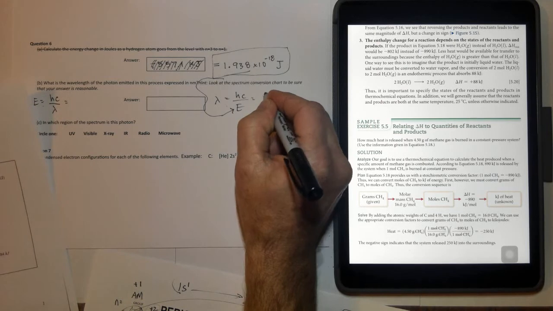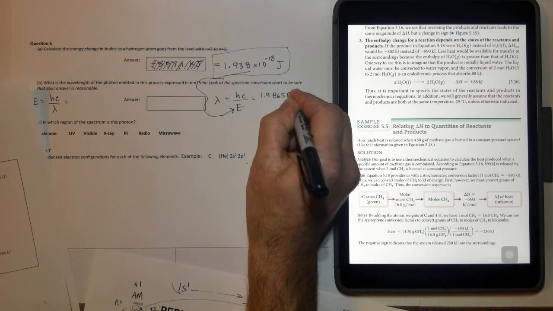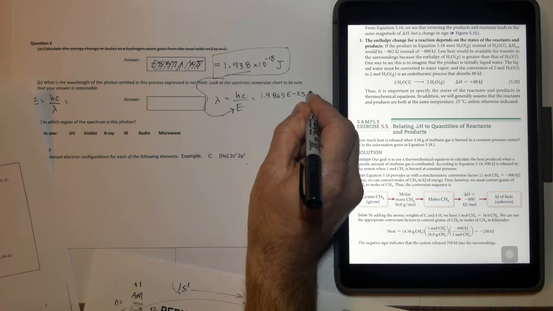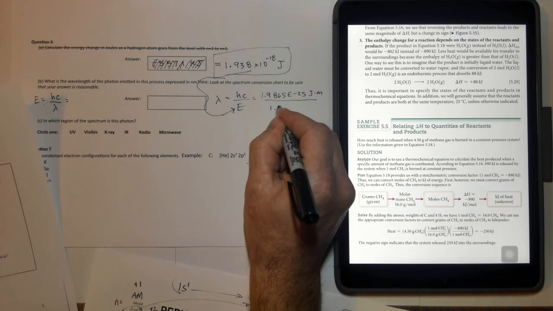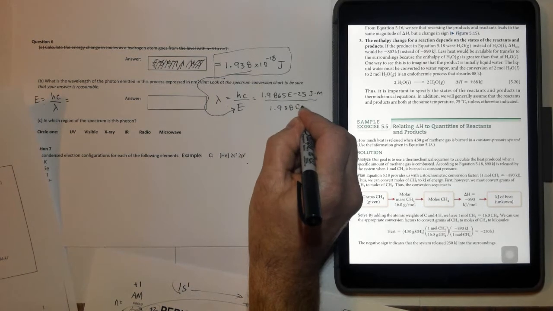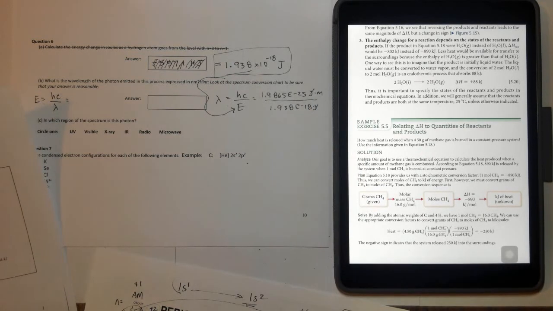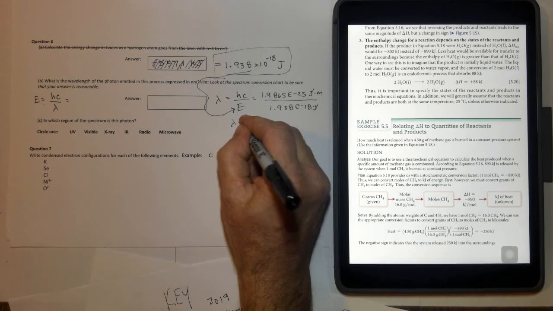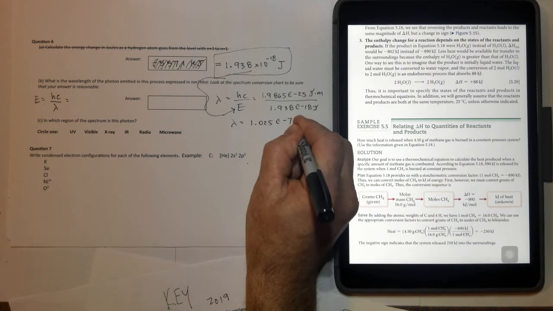And so h times c is 1.9865 times 10 to the negative 25th joules times meters. And then the energy that we're putting in here is 1.938 times 10 to the negative 18th, and that's in joules. The joules cancel with the joules, and we'll end up with a wavelength in meters. So when you divide those two, we end up with a wavelength of 1.025 times 10 to the negative 7th meters.